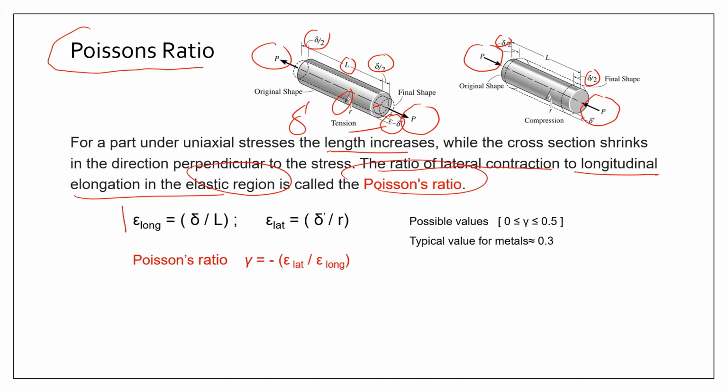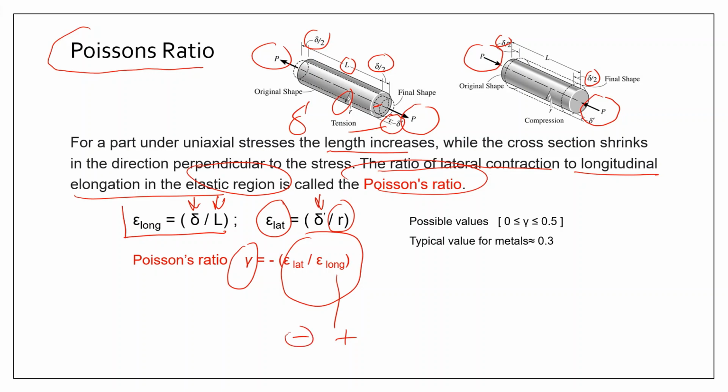So the longitudinal strain is delta over L, and the lateral strain is delta prime over R. And if you take their ratio, you will get the Poisson's ratio. If one is positive, the other one must be negative.